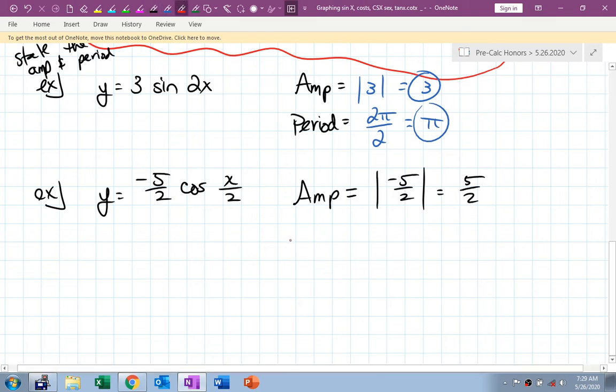Okay, the period is going to be 2 pi over... Now we have to think, what is in front of x? Well, really in front of x is a 1/2. So here we get 4 pi. You're good. You're done.